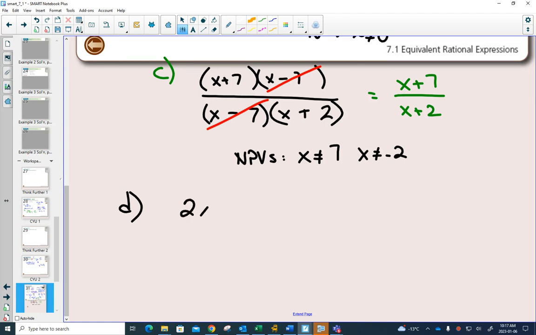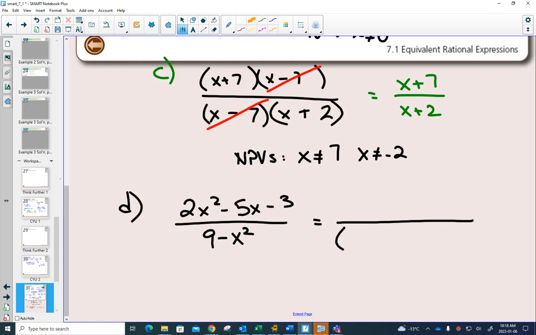The last one was 2x squared minus 5x minus 3. The bottom was 9 minus x squared. The bottom is a difference of squares. 3 minus x, 3 plus x.